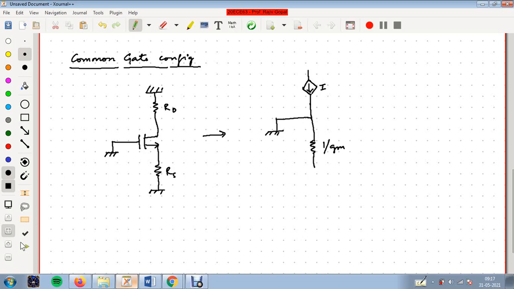Then here you'll have Rs, and here you'll have RD. Instead of RD, I'll call it RL, because that is what it is: my load resistor. Another thing I have to include here is R0, which is like this.